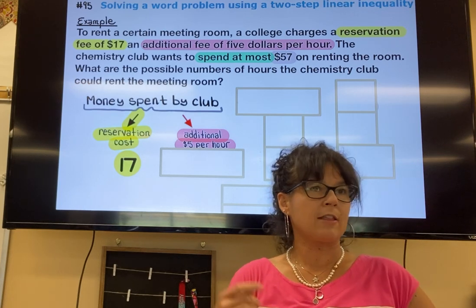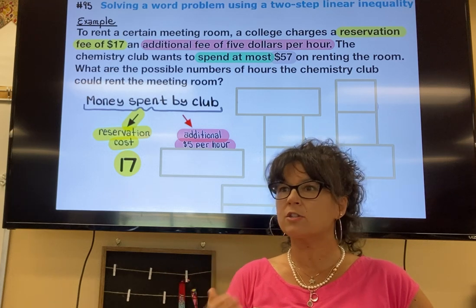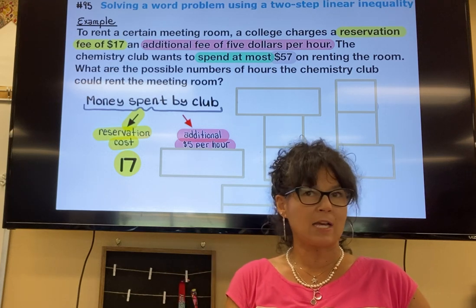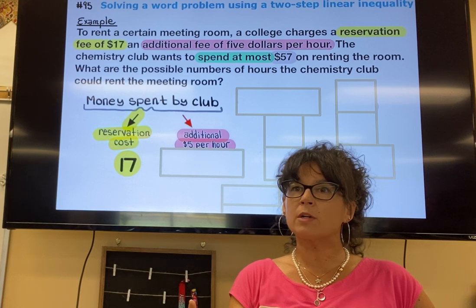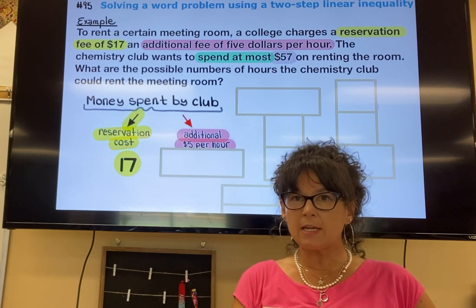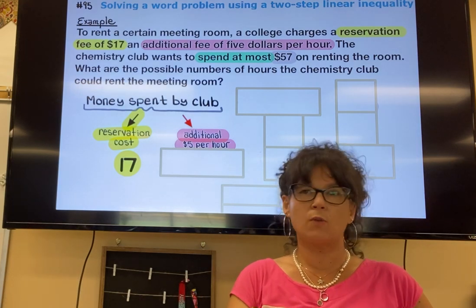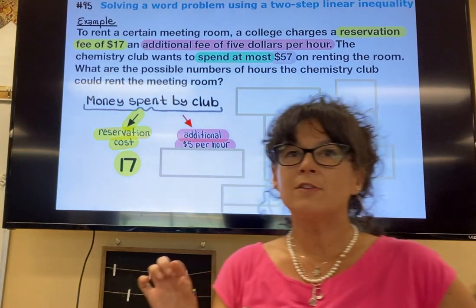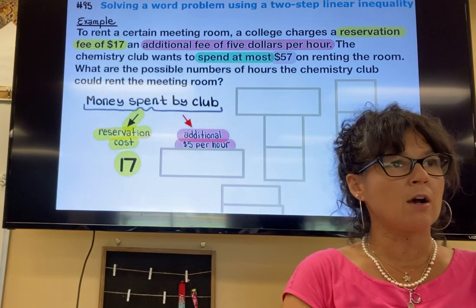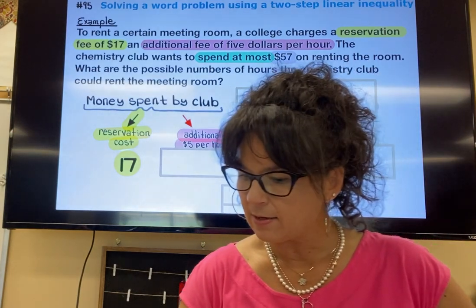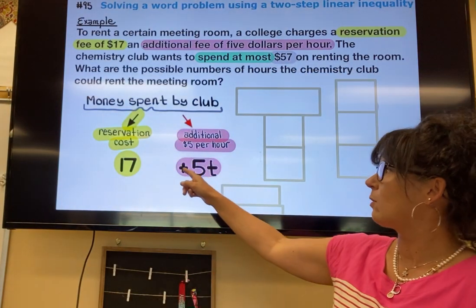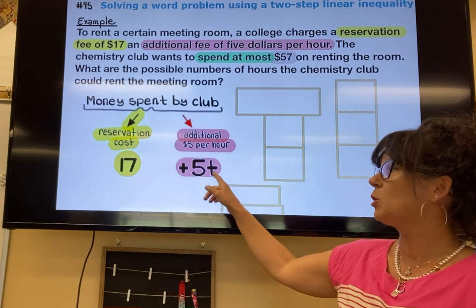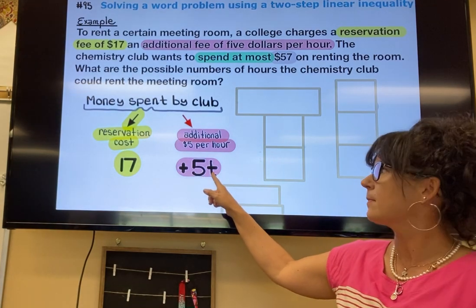So if you stay there 1 hour, it's $5, 2 hours, 5 times 2, 3 hours, 5 times 3, 4 hours, 4 times 5. So you're taking $5 times the number of hours that you stay. The expression for that would be adding on 5 multiplied by the time.